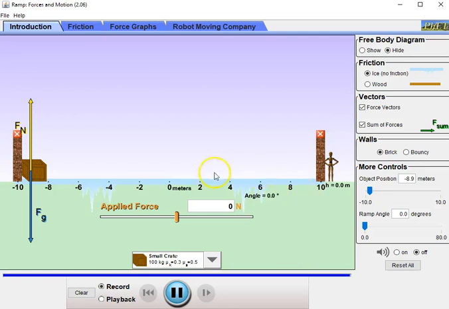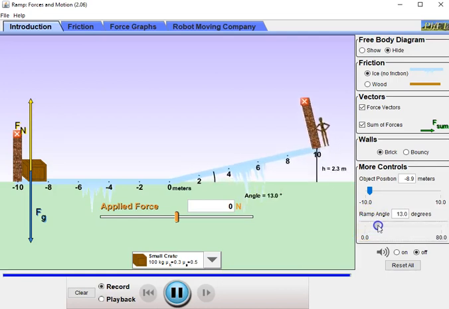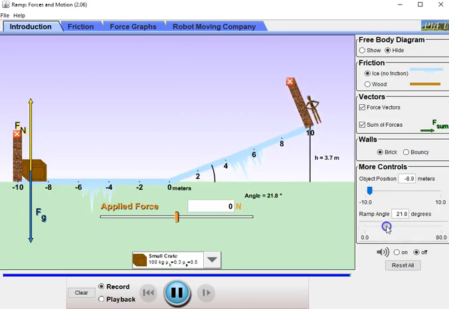So now let's just change the angle of the ramp a little bit. So there we have it.